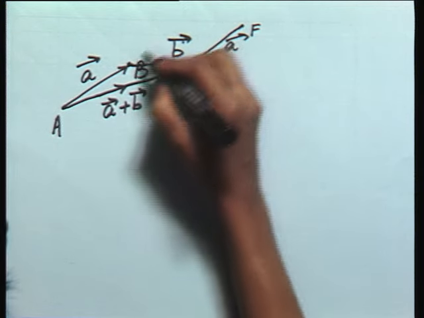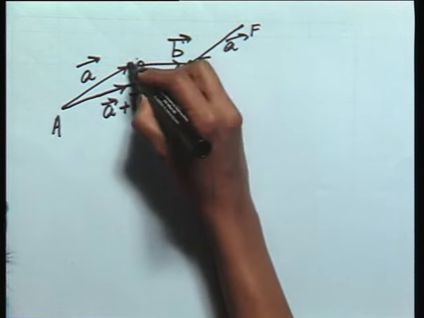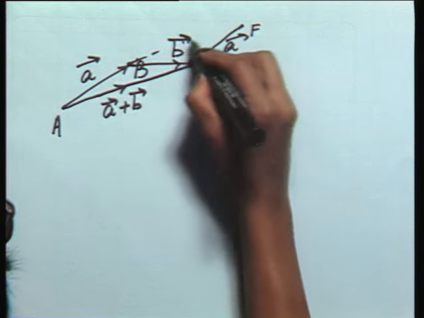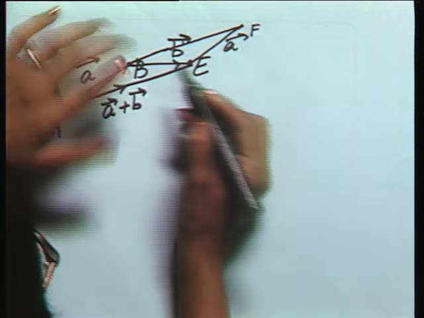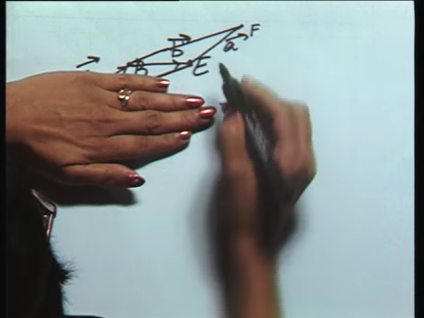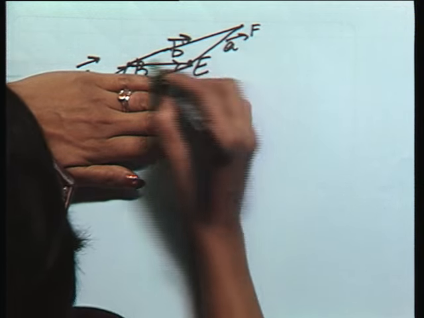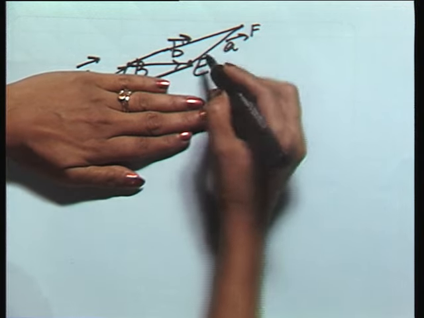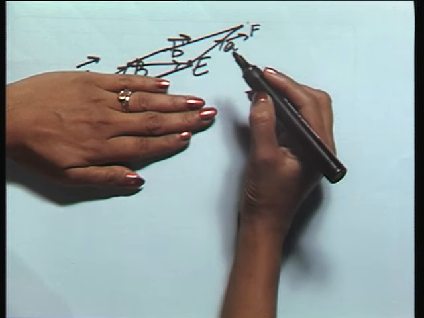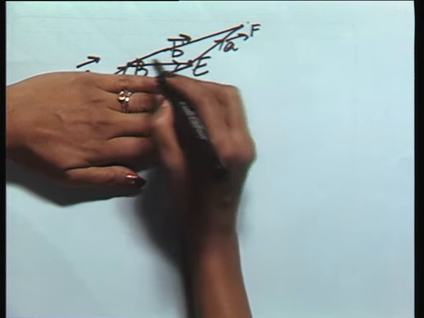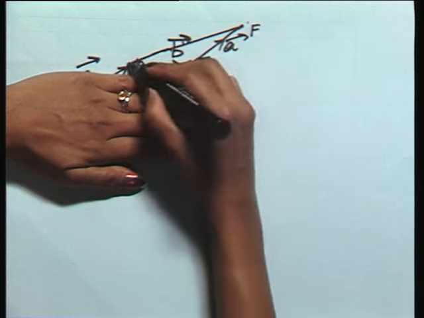We complete this parallelogram, or rather we join B and E. Forget about the previous triangle. Look at this triangle. BE is the vector B, EF is the vector A. By the triangle law of addition, the vector B plus A is the vector BF.